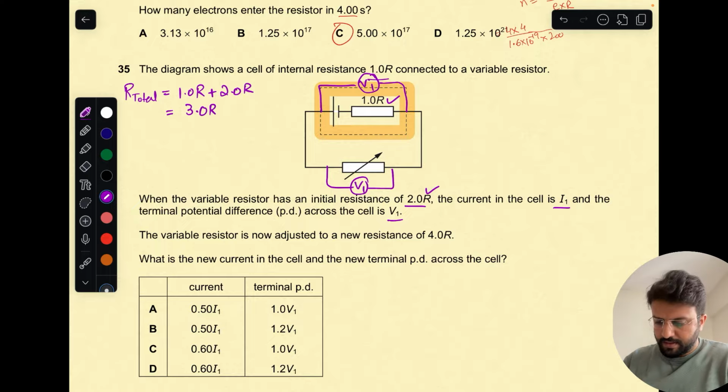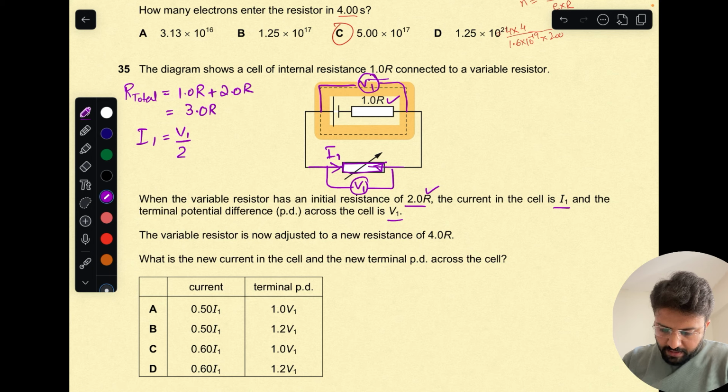This is the total resistance. If you have to find the current that is passing through the resistor, I1 will be equal to V1 over the resistance of this resistor, which I can write as 2R.